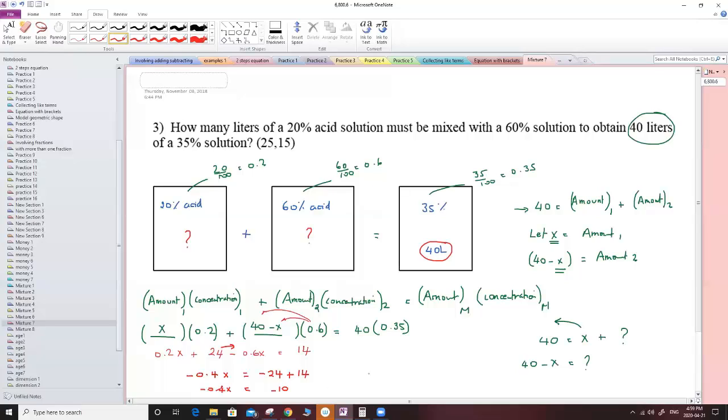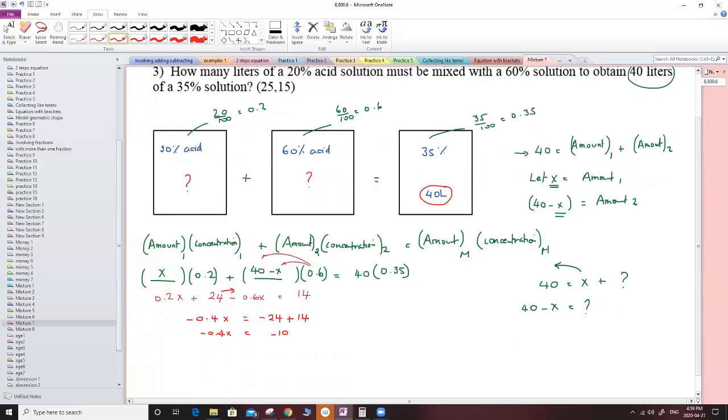And here it will give me negative 0.4x. So to isolate the 0.4x, I need to divide by negative 0.4. And here the same thing: whatever I'm doing on the left side, I have to do on the right side to keep the balance. So this 0.4 is going to simplify with this 0.4 to isolate the x.